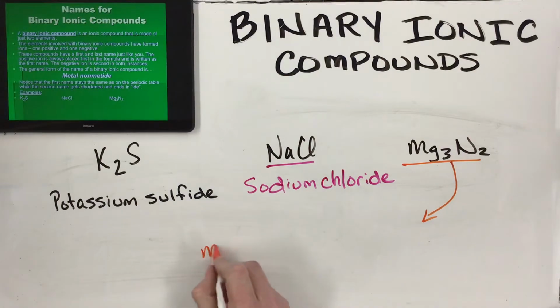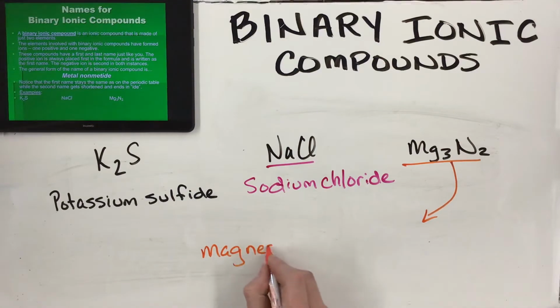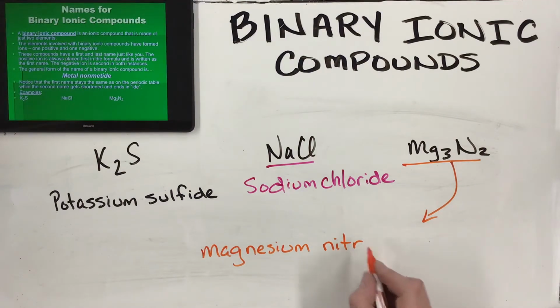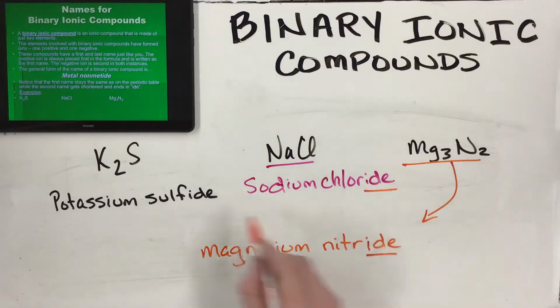The metal stays the same. It's simply magnesium. Don't change that metal name. Nitrogen, I'm cutting off a lot of the end of this one. It just becomes nitride. All right? Pretty easy stuff. There's that IDE ending on the nonmetals.